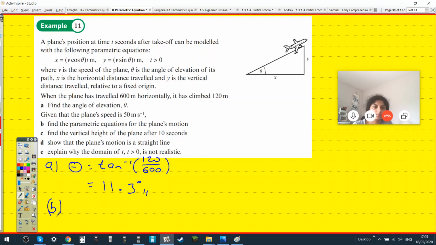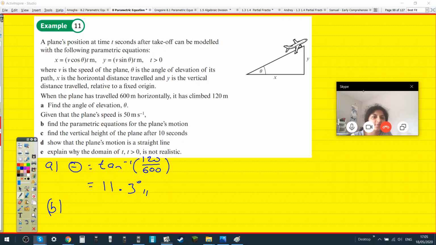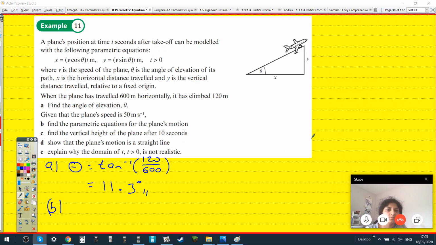B. So B is just x is 50 cos theta. No, wait, 50 cos 11.3 t. Yeah, and t.